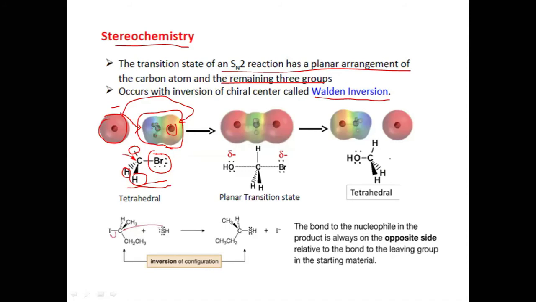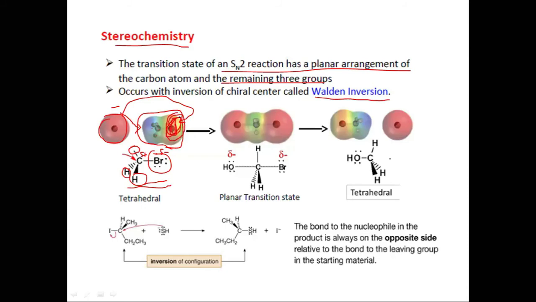Bromine. So bromine is electronegative, right? So what type of charge can one notice over the carbon and on the bromine atom? Partial positive on the carbon and partial negative on the bromine. A negative charge means the electron density is more over bromine, right?